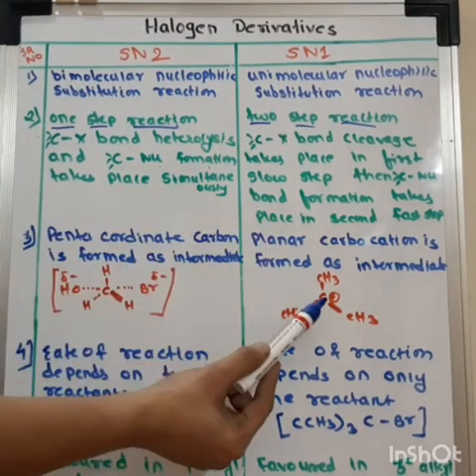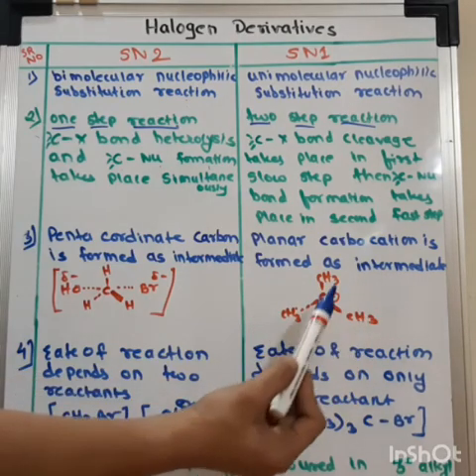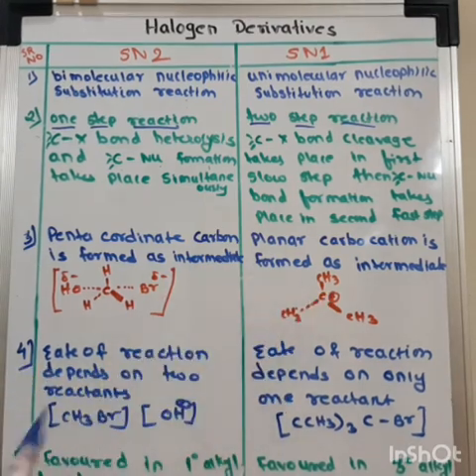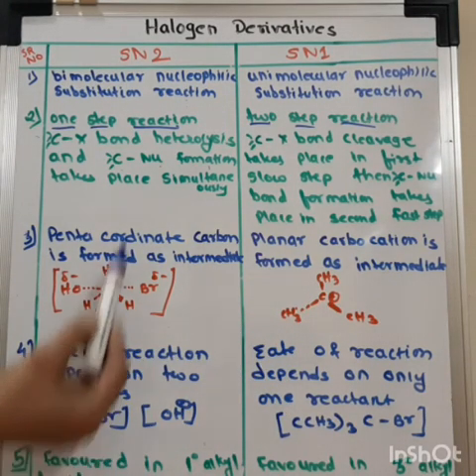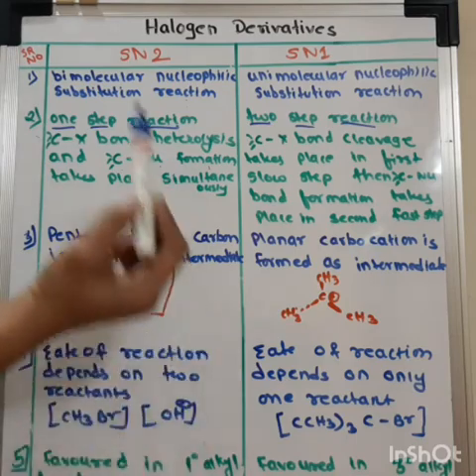In SN1 reaction, a planar carbocation is formed as an intermediate. So here the nucleophile can attack on either side of the carbocation. Fourth point, the rate of the SN2 reaction depends upon two reactants, that is the concentrations of CH3Br and OH minus.